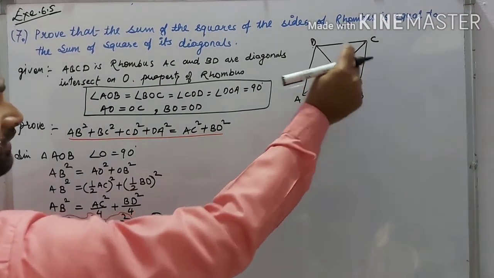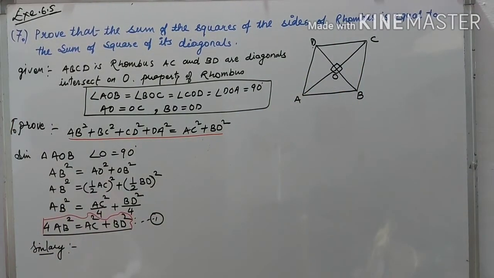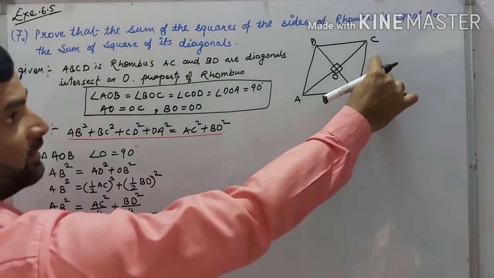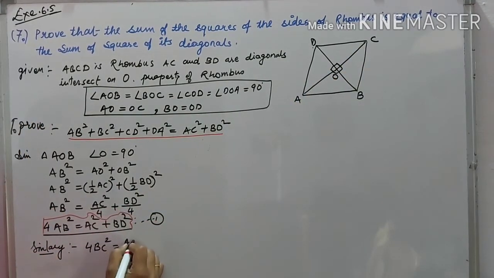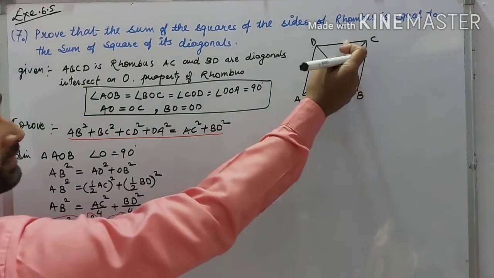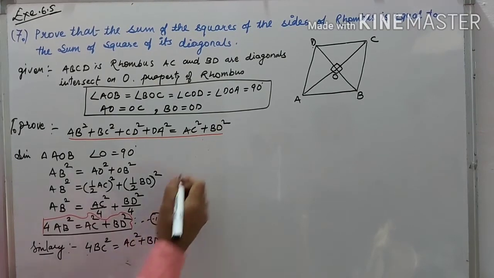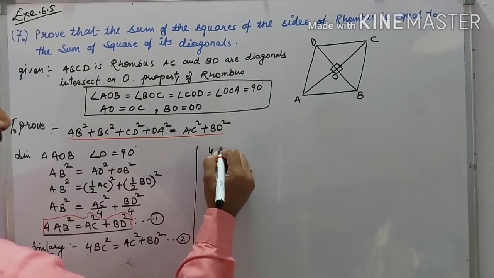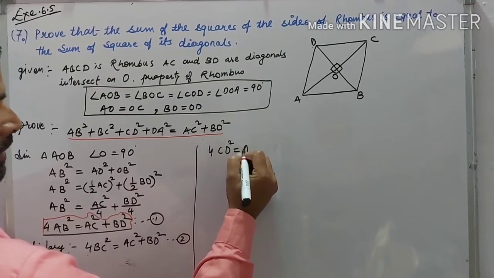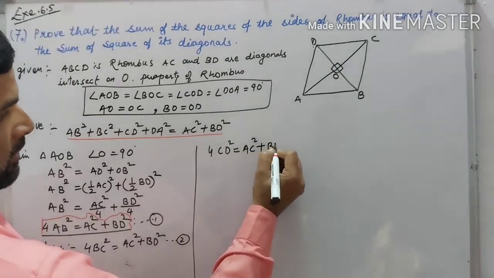Similarly, in these triangles, write 4BC square is equal to AC square plus BD square. This is the equation second. Now next, after BC comes CD, so 4CD square is equal to AC square plus BD square.